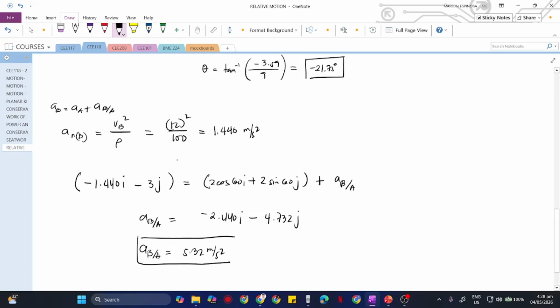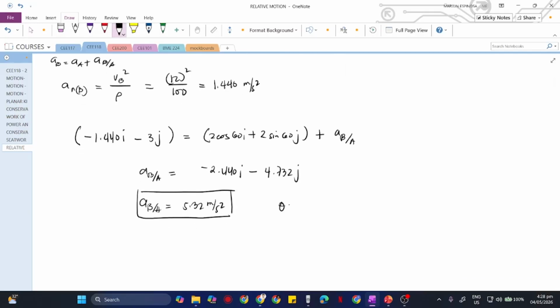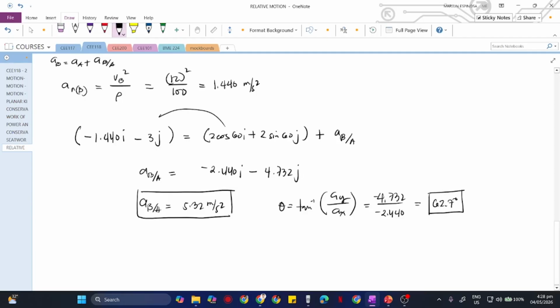That is the relative acceleration of B with respect to A. Then the angle is arctan of the acceleration along Y over the acceleration along X of B with respect to A. So, 4.732 negative over negative 2.440, and since negative over negative becomes positive, the answer is 62.7 degrees positive. You just substitute, transpose, and combine. That is how you answer this problem.